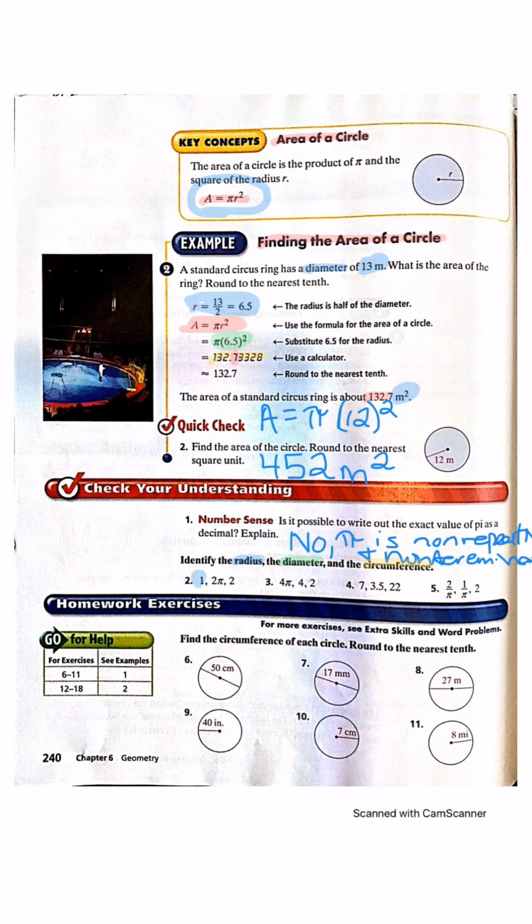So for this one, the radius is 1, the diameter is 2, the circumference is 2 pi, the diameter times pi. Looking at number 3, the radius is 2, the diameter is 4, circumference is 4 pi.